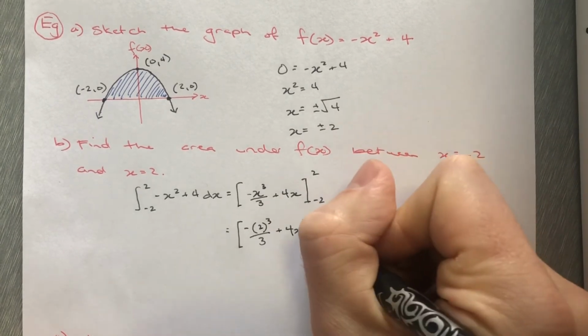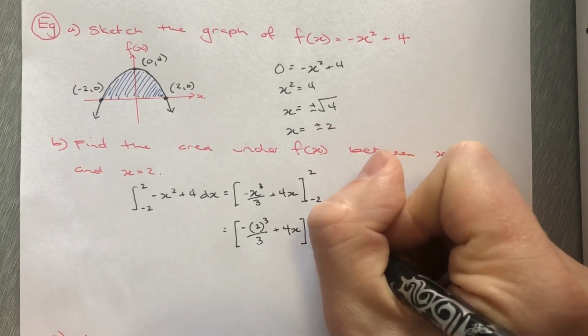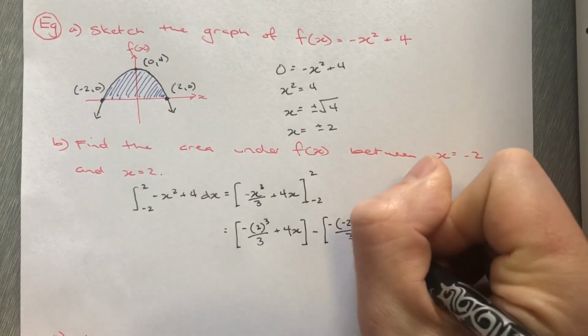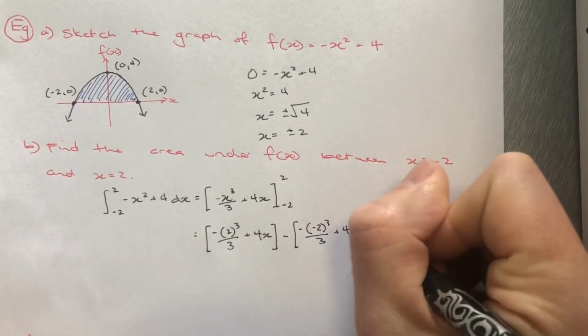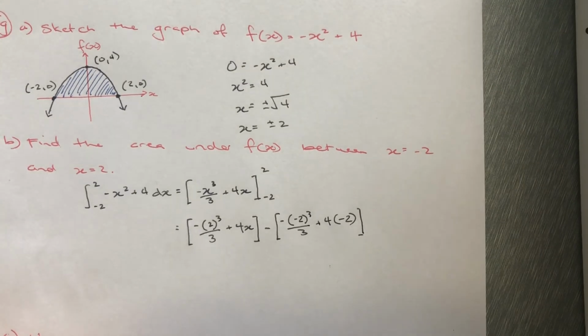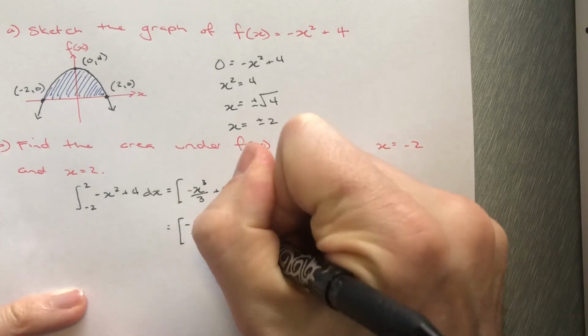And I want to take away capital F of a. Okay, I've done all my substitution into there. We can go through the whole, actually no I haven't, I should have put 2 there.